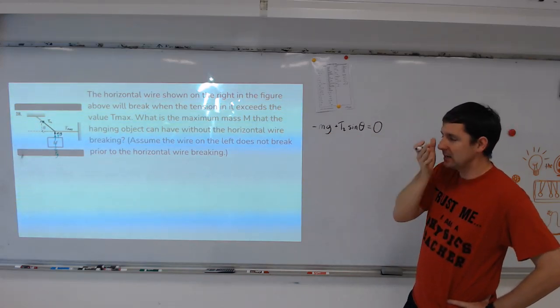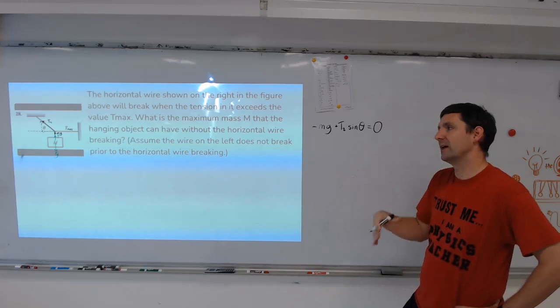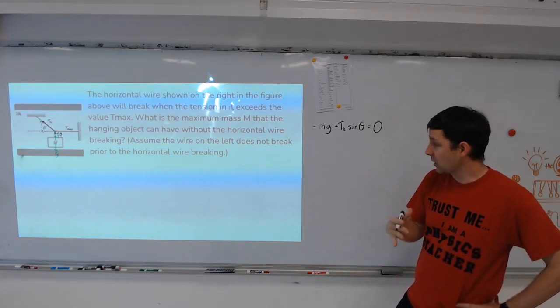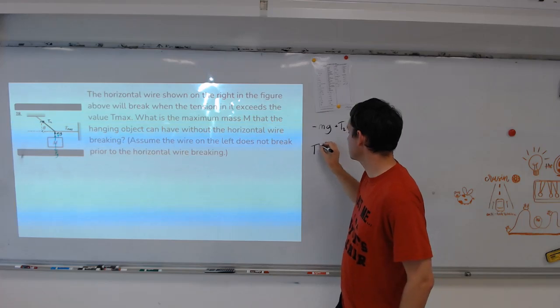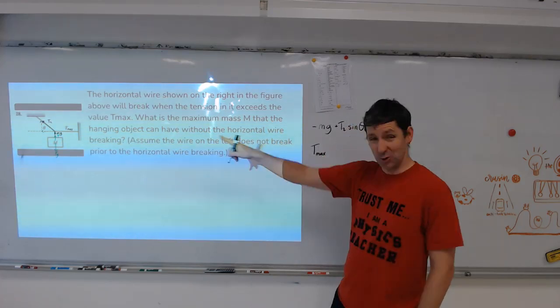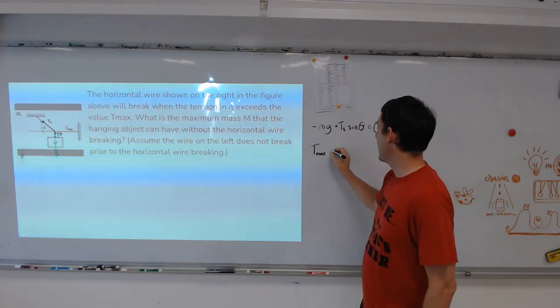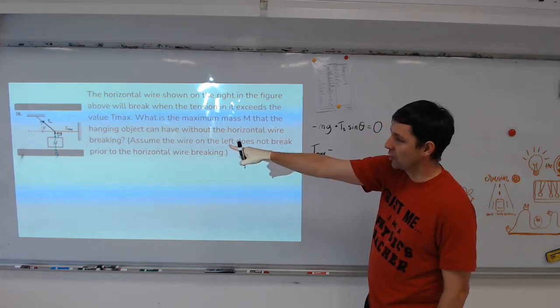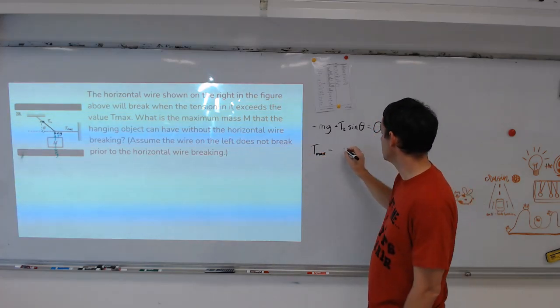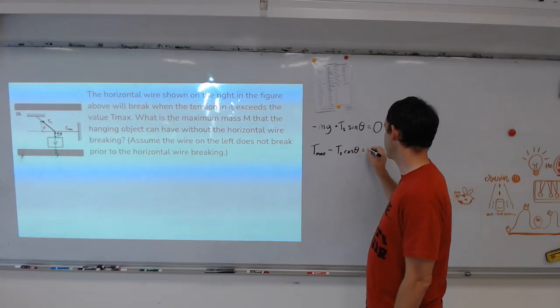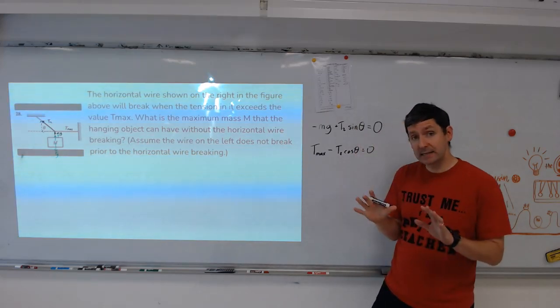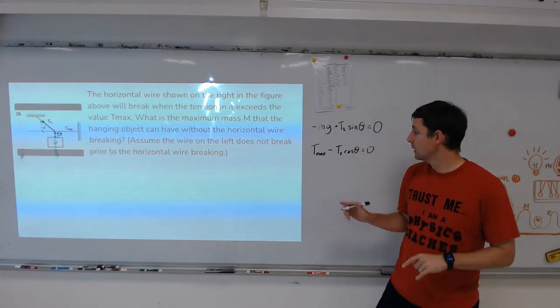So then I'm going to need to step in and say, well, all right, let's connect it to the horizontal forces. So the horizontal forces, I've got T max, which is given to us, is to the right, and then I've got minus the horizontal component of T2, which would be T2 cosine of theta. And again, those two need to balance out if the string hasn't broken yet. All right?